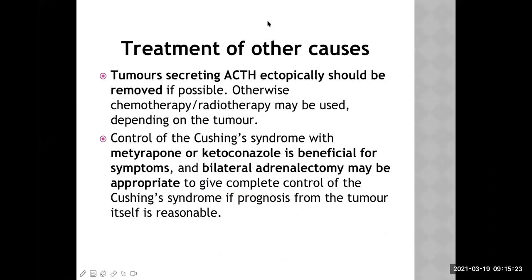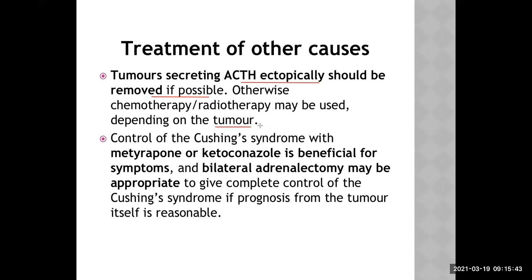Now, tumors which are secreting ACTH ectopically, means these are ectopic tumors, should be removed if possible. Otherwise, chemotherapy and radiotherapy may be used depending on the tumor. A good example here is bronchogenic carcinoma, small cell carcinoma of the lung.